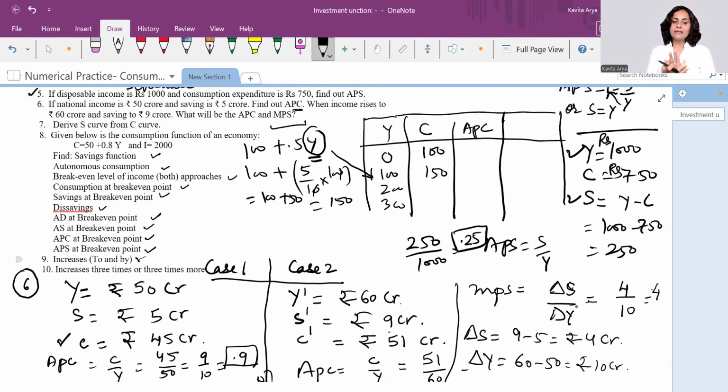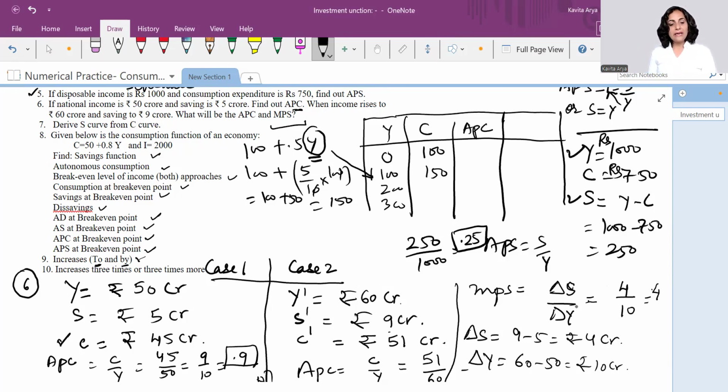But when it is said consumption increases by 700, so we have to add the 700 in the previous. It means the final consumption is 500 plus 700 makes 1200. So you have to be very particular. We did this very clearly in 11th standard during the numericals of demand and supply, that to is the final value of some variable and by is the change given of some variable.